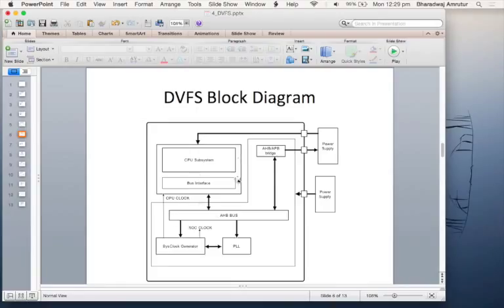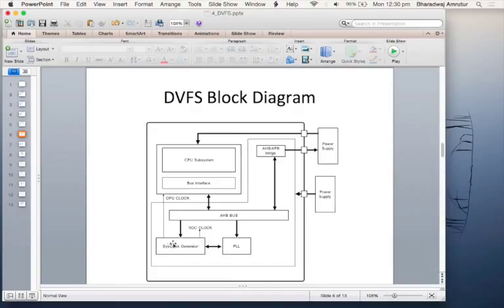Now in the domain which is under the fixed voltage, in this particular example, there is a bus to which other blocks in the SoC can be connected, IOs, etc. In addition, there is a phase locked loop which generates the clock, and then there is another clock generator, which is just a bunch of dividers to generate clocks at different frequencies, which are all related by integer ratios.